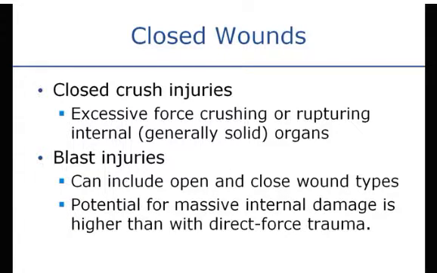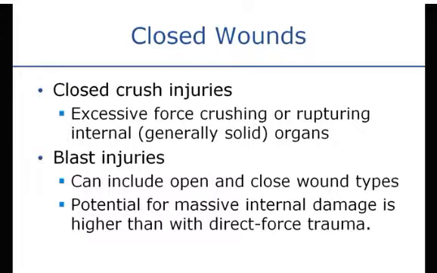Closed crushed injuries are the result of excessive crushing forces, which can rupture internal organs, and those internal organs, particularly the solid organs, are going to bleed excessively, causing shock. Blast injuries. Remember, with blast injuries, there are 4 different types of injuries that occur during a blast.